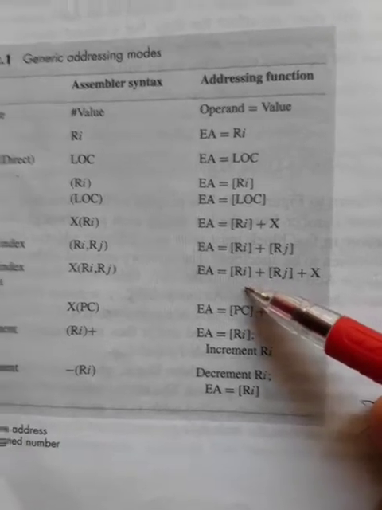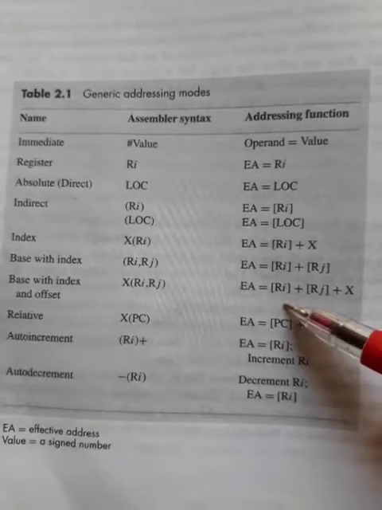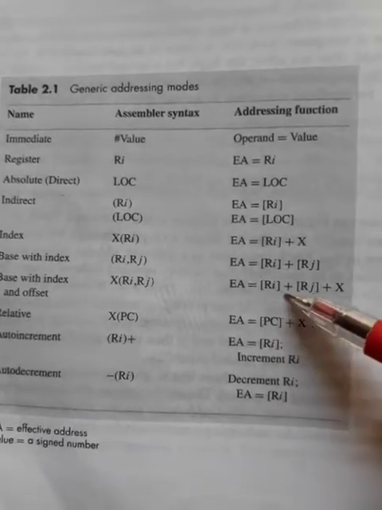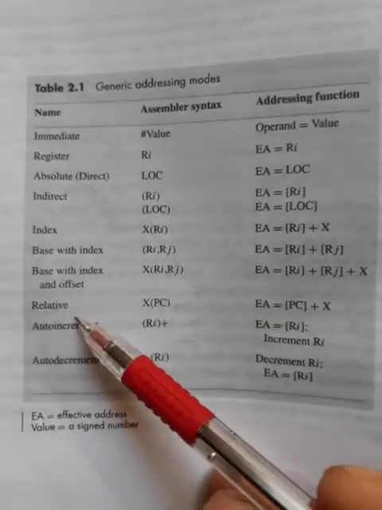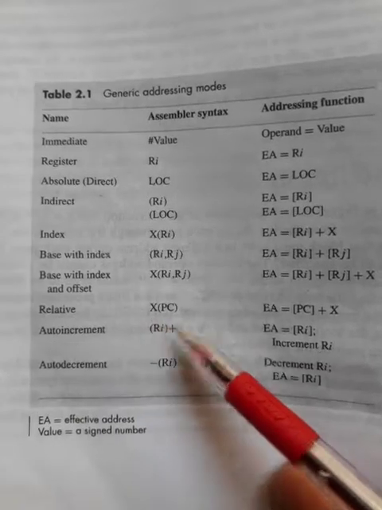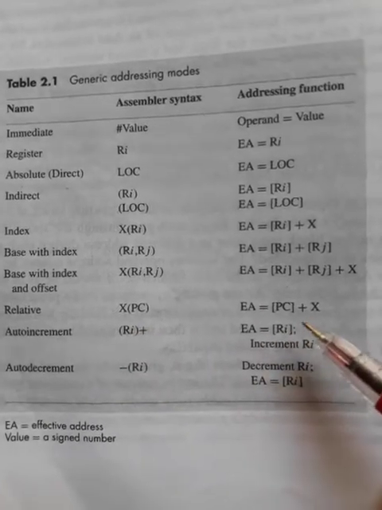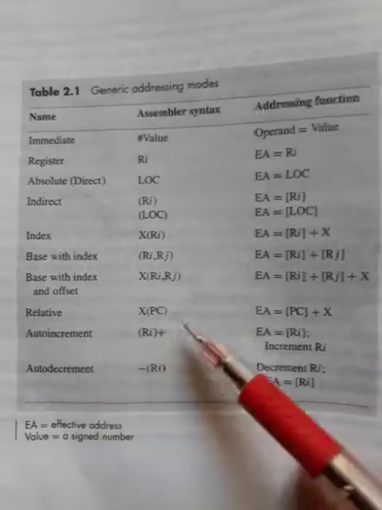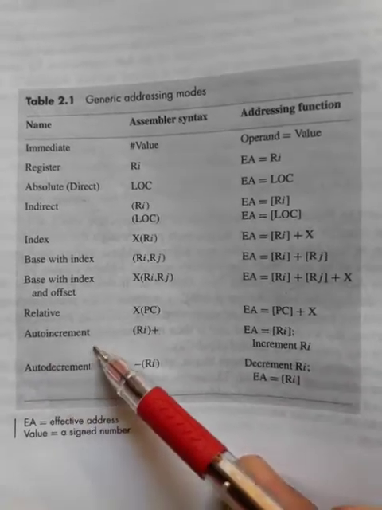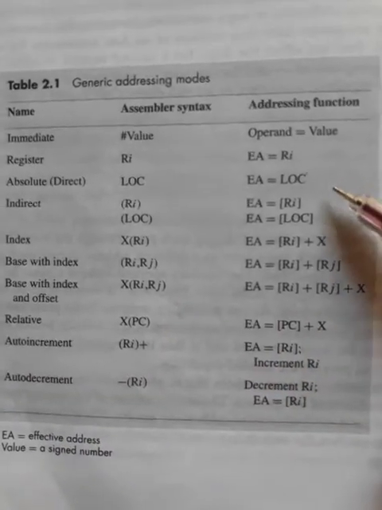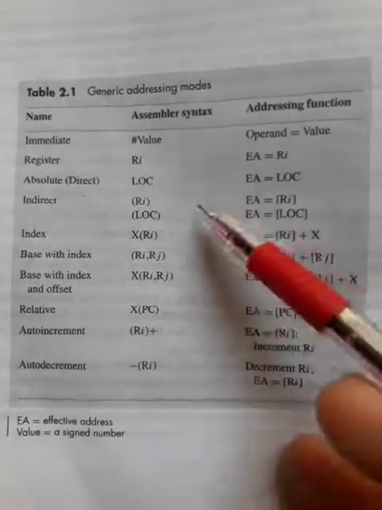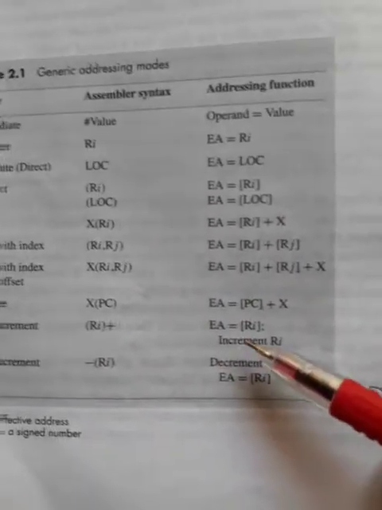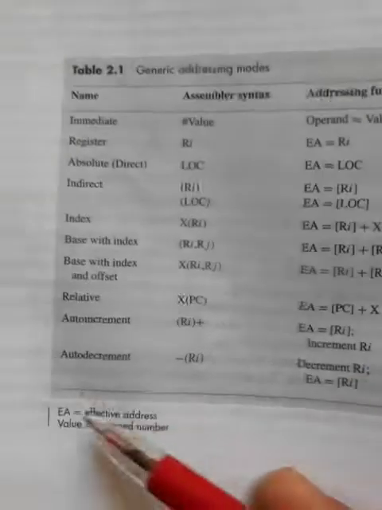We directly use this base value with index and offset: Ri plus Rj plus X equals the effective address EA. Then the next one is relative, which is X of PC, so EA equals PC plus X. Auto increment is increasing the register value by one; the syntax is Ri plus, EA equals Ri, then increment Ri.